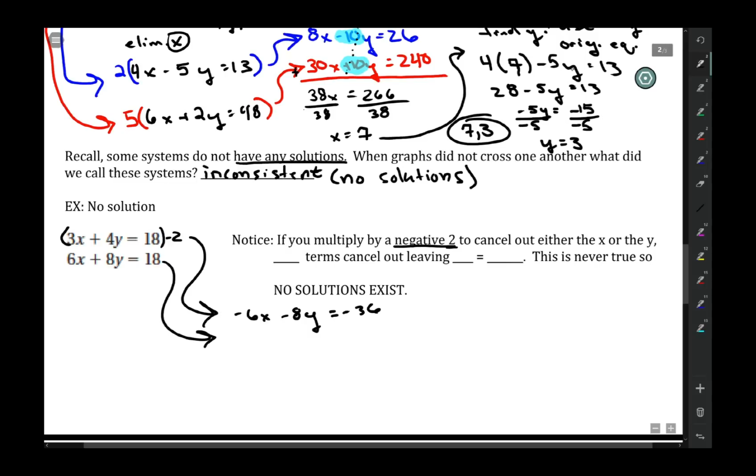Okay, the second one we don't do anything with. 6x plus 8y equals 18. You go to eliminate, you're like, haha, negative 6 and positive 6, gone. Okay, so we have no x's. Also, negative 8 plus 8, those are gone as well. We have no y's.